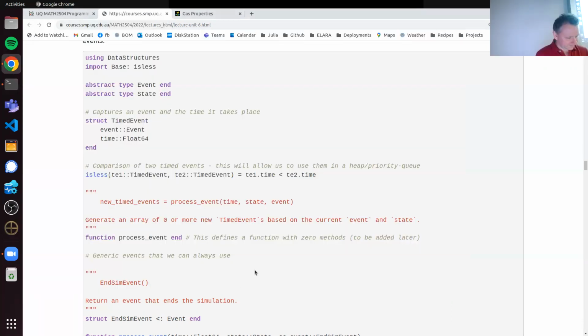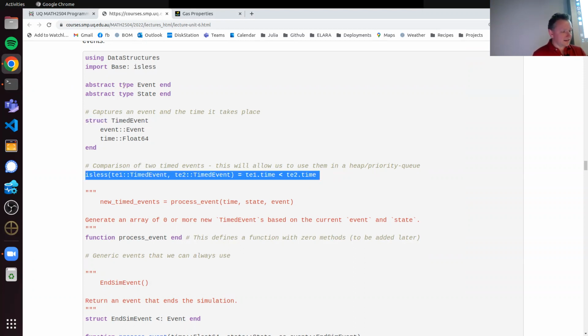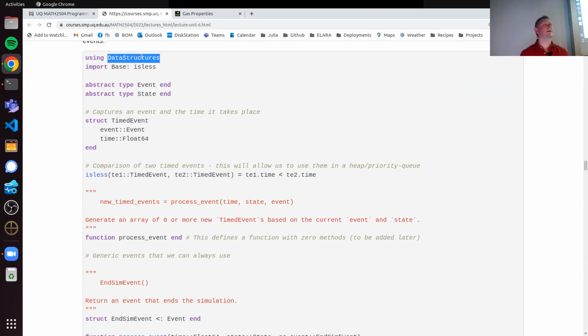All right. And so we're going to take Base. This is where we're doing some Julia generic programming. We're going to take Base's idea of ordering, and we're going to extend that to our timed events. And then we're going to take a data structure from here, which doesn't know about our code at all, but it does know about Base's idea of ordering, and it uses that.